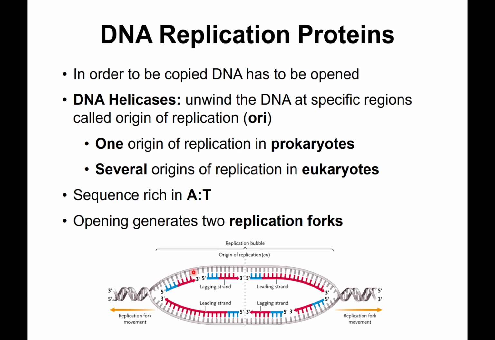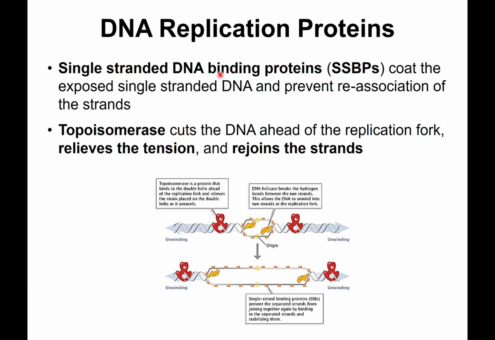And to keep them separated, once the helicase moves on, they would tend to join together again. So there are proteins called single-stranded binding proteins that help to keep these two strands separate. They bind to each individual strand and prevent them from forming the hydrogen bonds again.